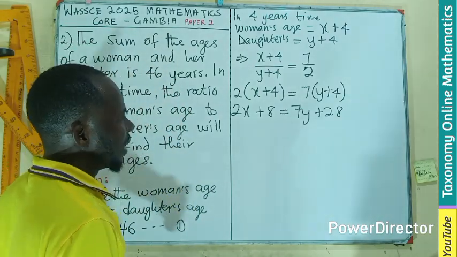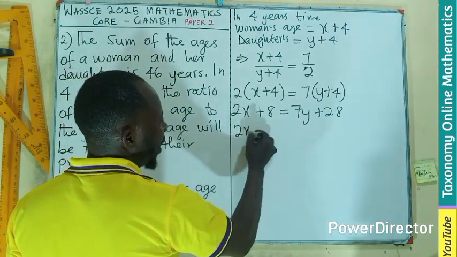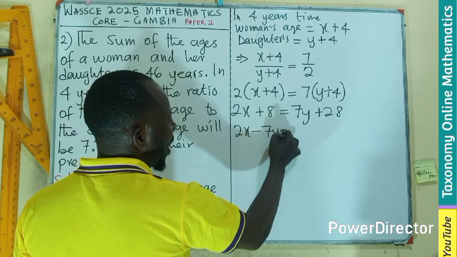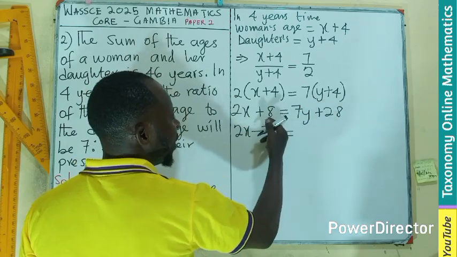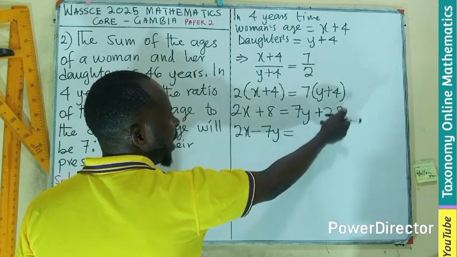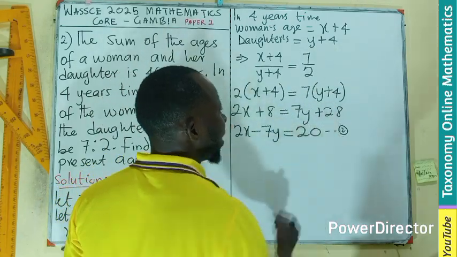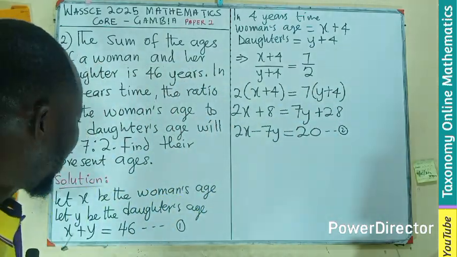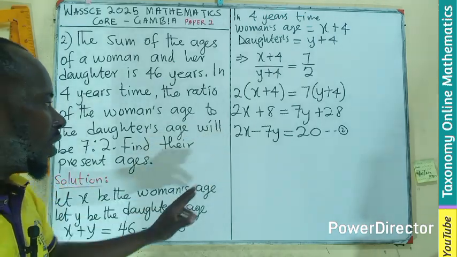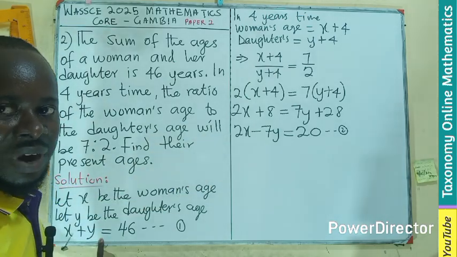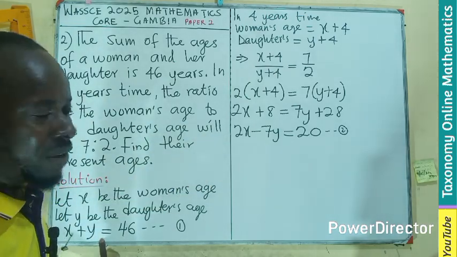Let's group like terms further. So I have my 2x minus 7y equals to 20 minus 8. 8 minus what? 8. This is going to give you what? 20. That's the second equation.